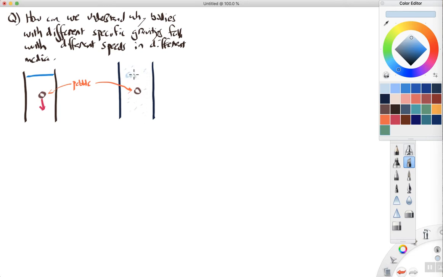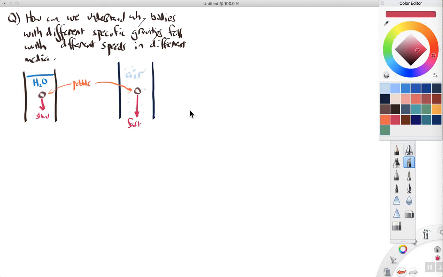So I'll write air right here, and I'll write water, the chemical formula H2O, right here. And we all know that when a pebble falls in air, it will fall comparatively fast or quickly, and this one will fall more slowly.